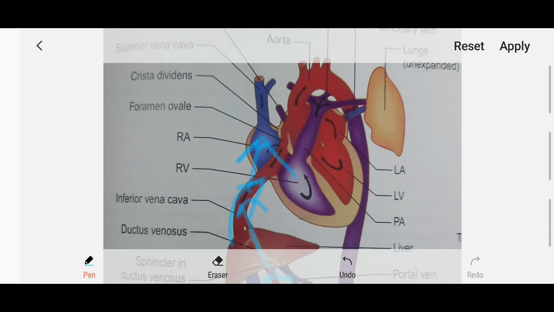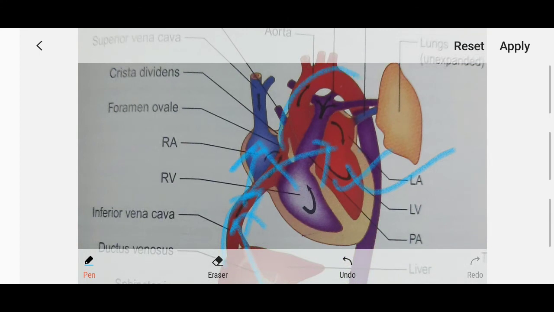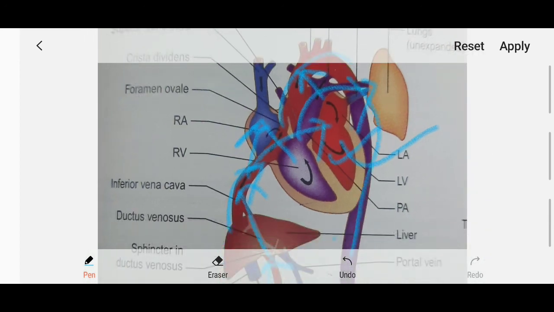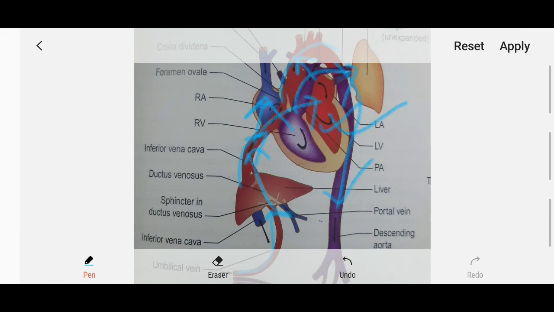So from the right atrium by the foramen ovale, it comes into the left side, so in the left side there can be some oxygenated blood. Now this is the aorta and this is the pulmonary artery. By this ductus arteriosus, some oxygenated blood will be transferred into the aorta, and from the aorta it will be carried into the whole body.